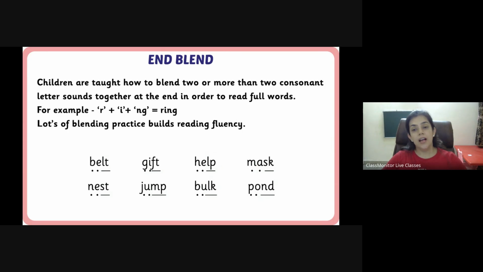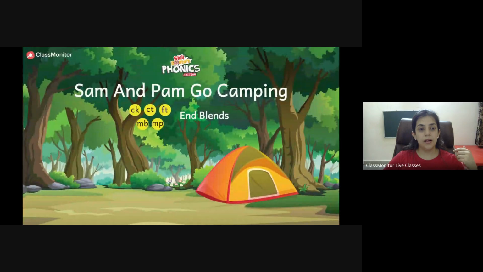It's not necessary that we only go ahead with the words that follow the rules; with the help of sight words also, you can make words, right? Again, the related story cards, everything is there in the kit.